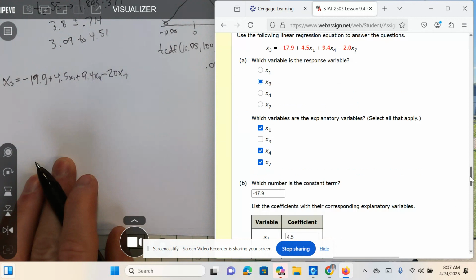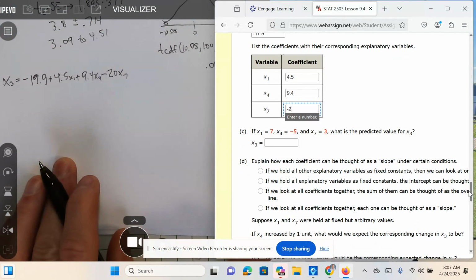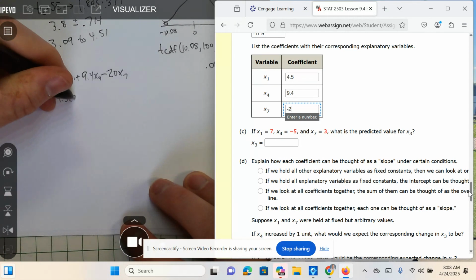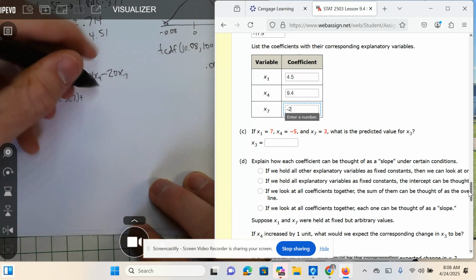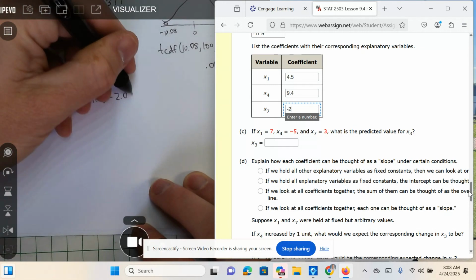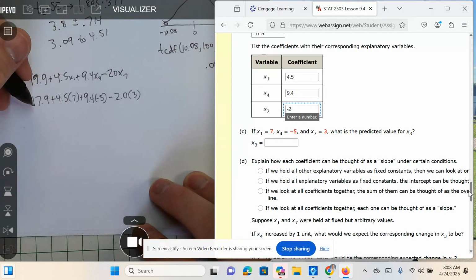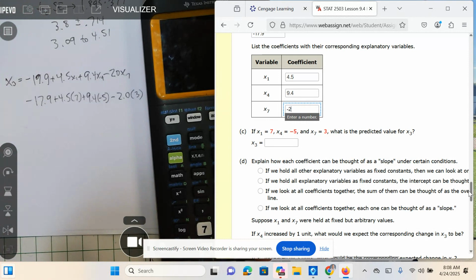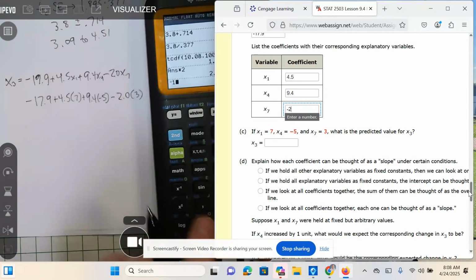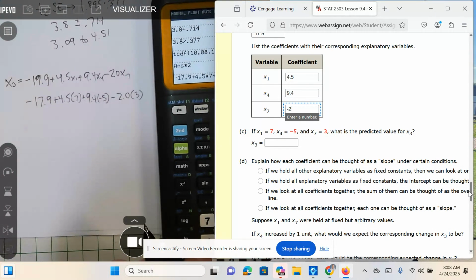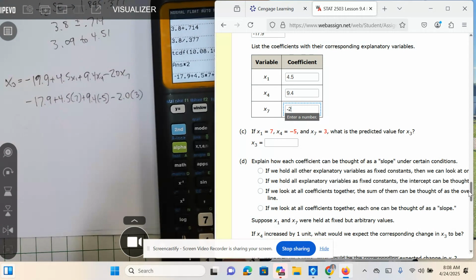Okay, so if x1 is 7, x4 is negative 5, and x7 is 3, what is the value of x3? So we'll just type those in the calculator. Not super complicated there. So negative 17.9 plus 4.5 times 7 plus 9.4 times negative 5 minus 2 times 3.